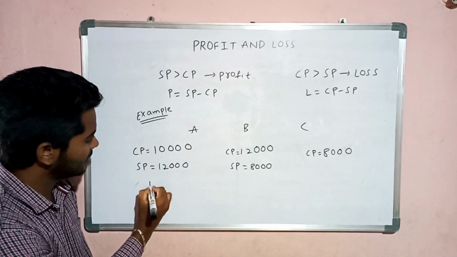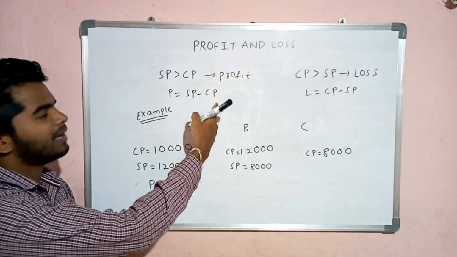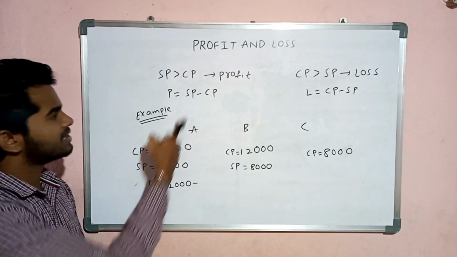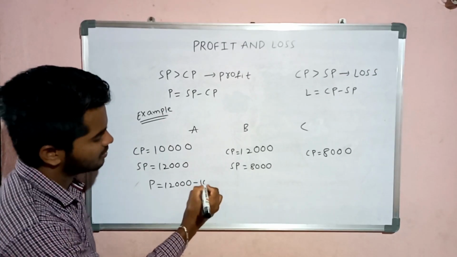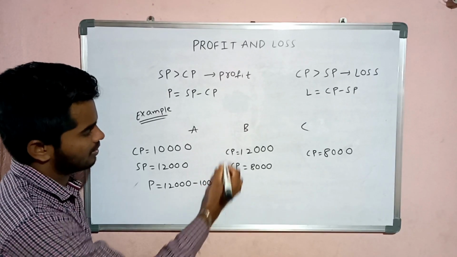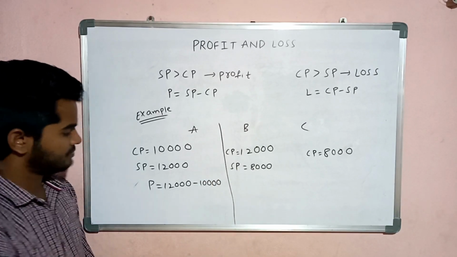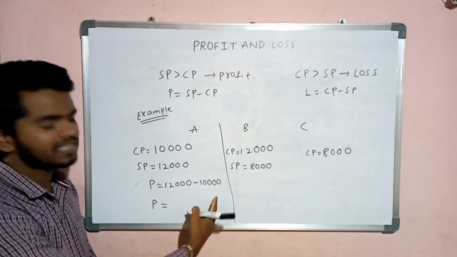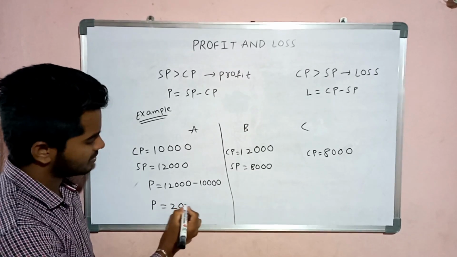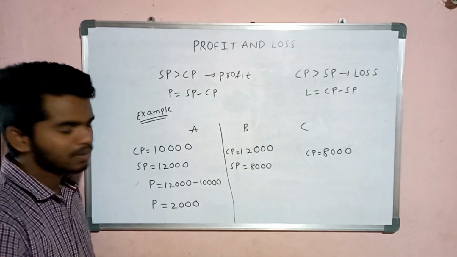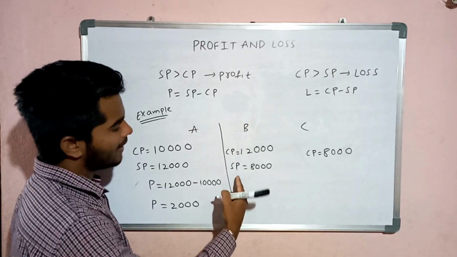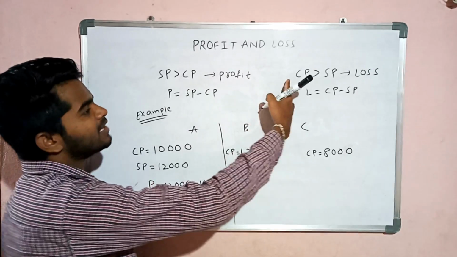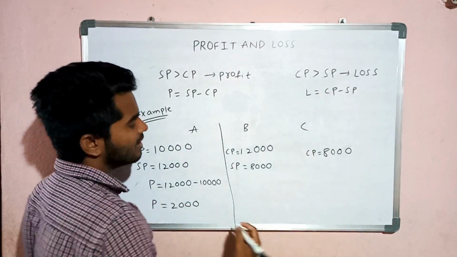So profit equals selling price minus cost price. Selling price is 12,000 minus cost price 10,000. So profit equals 12,000 minus 10,000, 2,000. And for B, cost price is more than selling price. Cost price more than selling price is called loss.